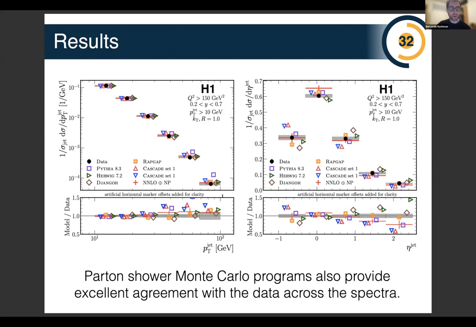But over a wide range of many decades, for instance, in PT, you can see this excellent agreement with the perturbative QCD calculation, and there's some disagreement with some of the Monte Carlo generators, in particular Pythia and Herwig, which is interesting to explore. In Herwig, for instance, it's not tuned at all. Pythia and Herwig are not tuned to these data, but are still able to describe qualitatively over a large range and quantitatively over a slightly more limited range.